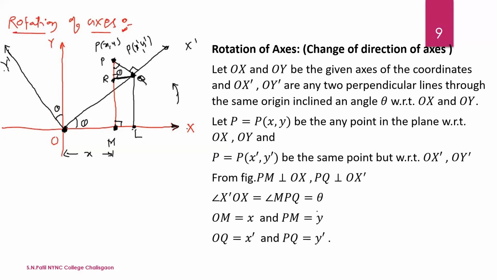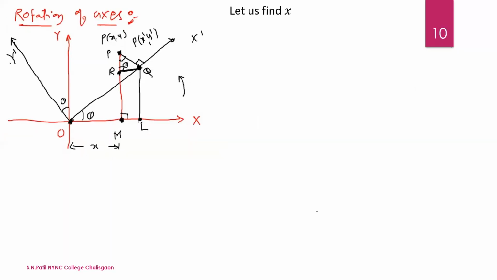First we find x. x is equal to O to M. Now it can be written as OL minus ML. We subtract this distance from OL to get the required distance OM.